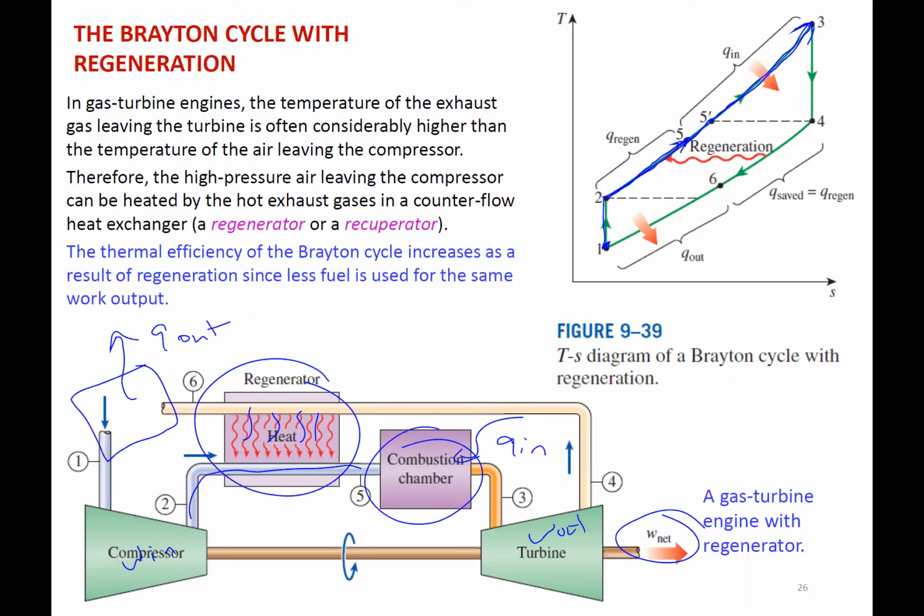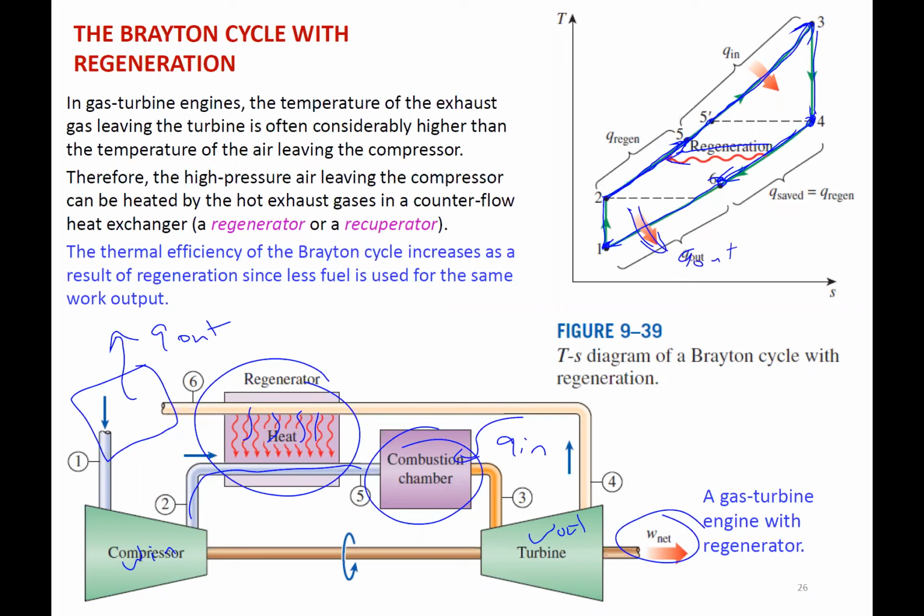Okay, and we expand in the turbine, and then out of that turbine we have our high temperature, so we can move that thermal energy to the other side of what's going through the regenerator. So we get to 6, and then 6 to 1 is where we have our heat out.